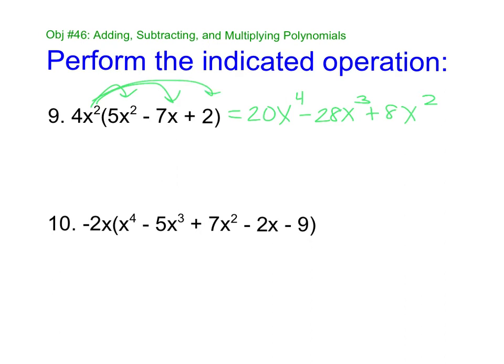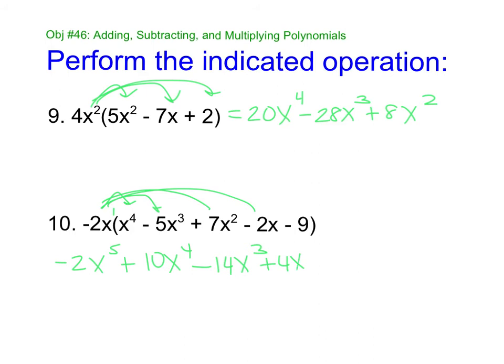That's it. And then this one, negative 2x to the 5th, we're adding. 1 plus 4 is 5, plus 10x to the 4th, minus 14x cubed, plus 4x squared, plus 18x. And we are finished.